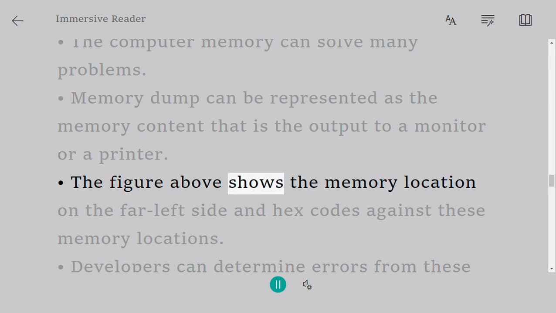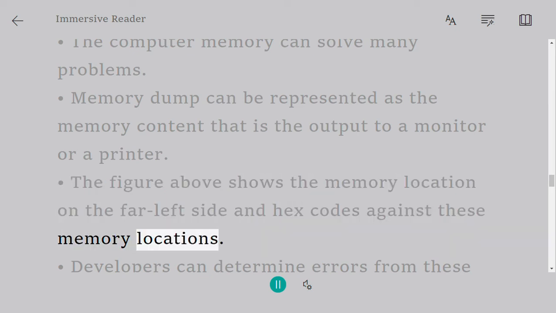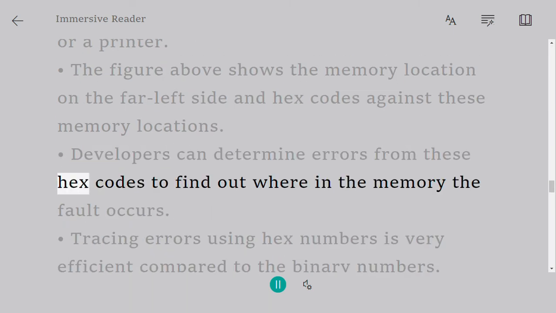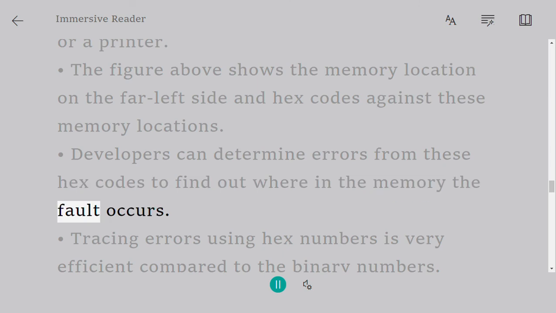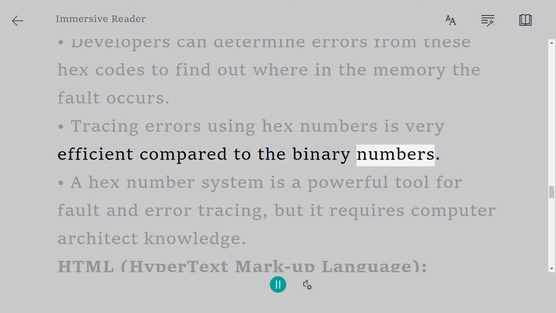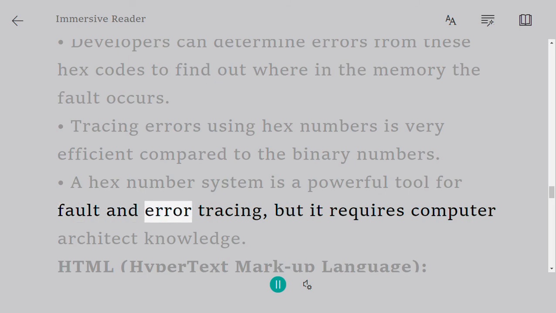The figure above shows the memory locations on the far left side and hex codes against these memory locations. Developers can determine errors from these hex codes to find out where in the memory the fault occurs. Tracing errors using hex numbers is very efficient compared to binary numbers. The hex number system is a powerful tool for fault and error tracing, but it requires computer architecture knowledge.